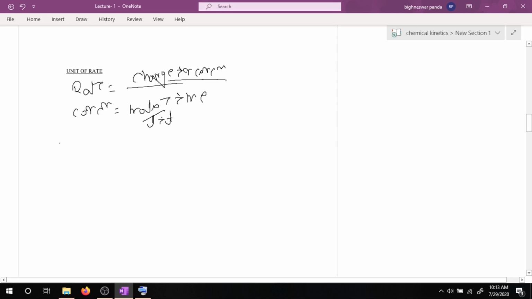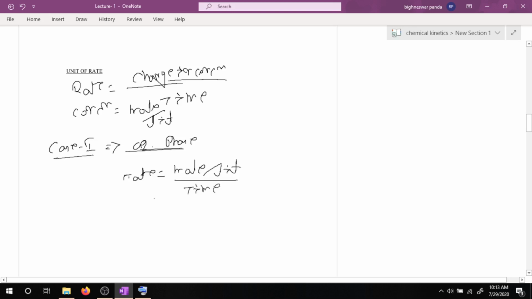Case 1, for aqueous phase, rate is equal to mole per liter divided by time. Here time may be in second, minute, hour.